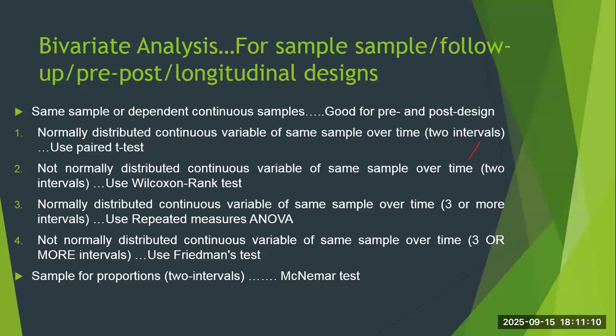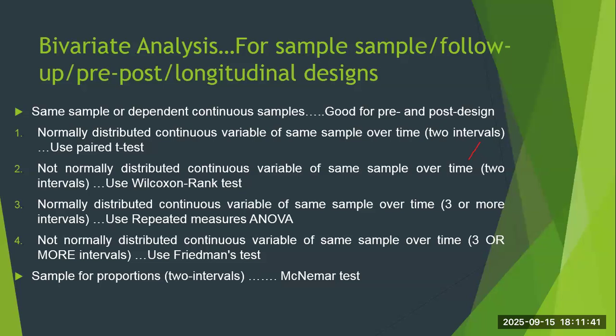So if you have continuous variables, like weight: baseline weight, 1 week weight, 12-month weight. If weight is continuous, you still have to check for normality of distribution. And then you ask yourself, did I measure this weight twice or more than twice, that's 3 or more times?